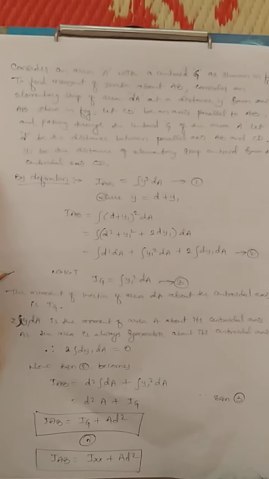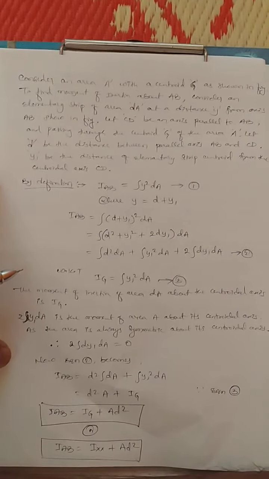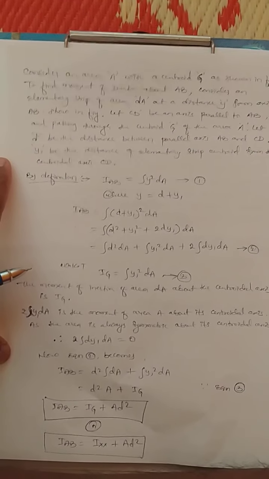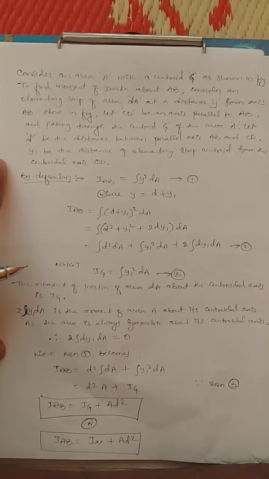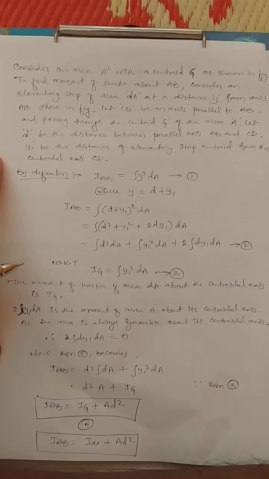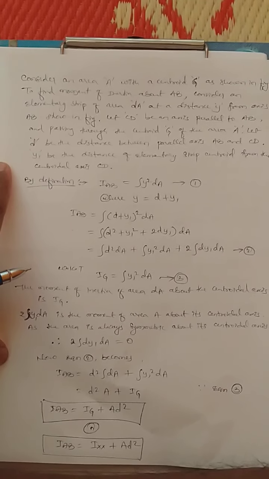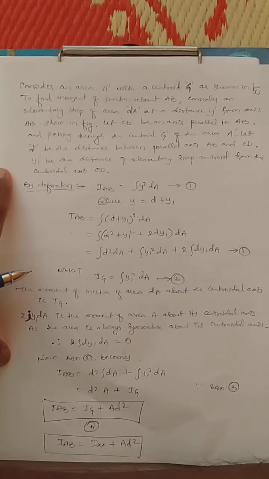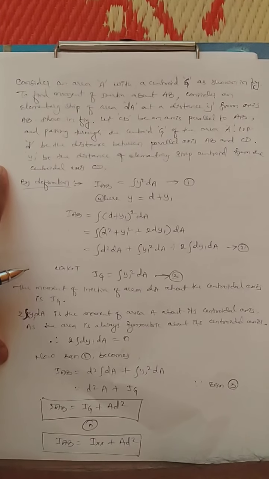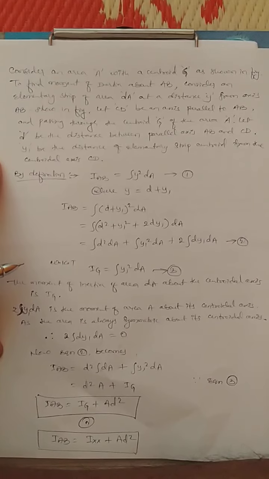Consider an elementary strip of area dA at a distance y from the axis AB as shown in the figure. Let CD be an axis parallel to AB and passing through the centroid G of the area A. Let d, small d, be the distance between the parallel axes AB and CD, and y1 be the distance of the elementary strip centroid from the central axis CD.